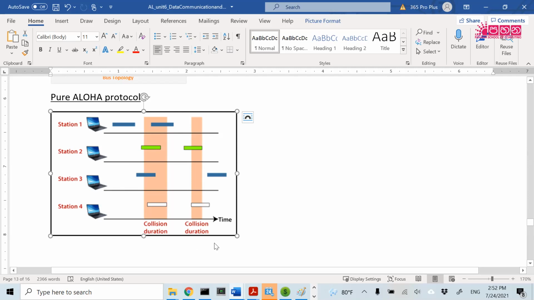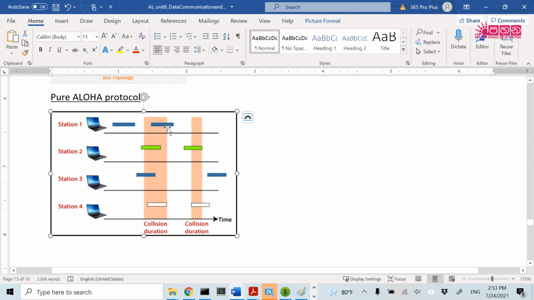But if you look at this one, when you're trying to send this one, there are like 3 collisions, right? If you look at station 2, you have a frame, station 3 is also sending another frame, and station 4 is also trying to send another frame, which means there's a collision.